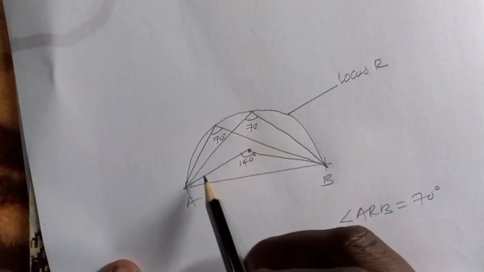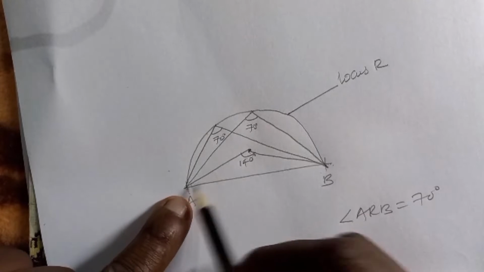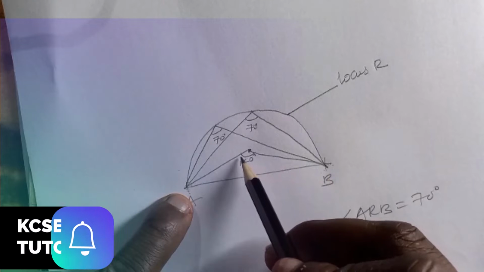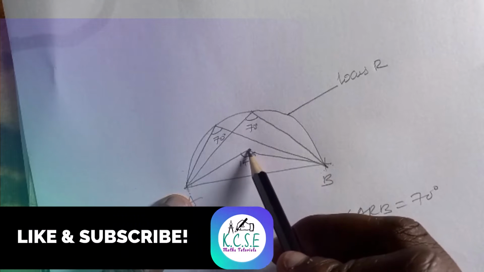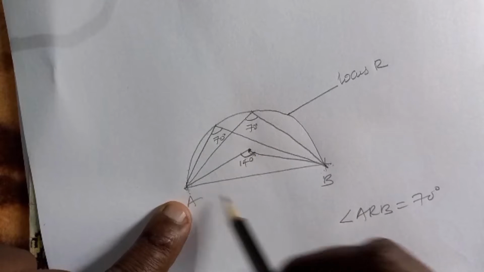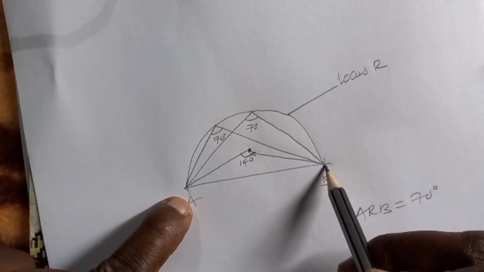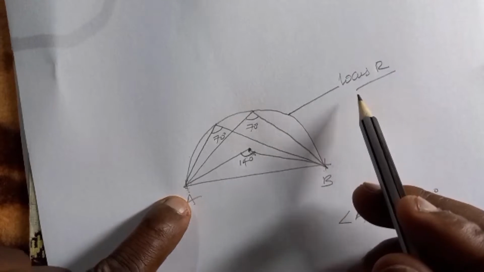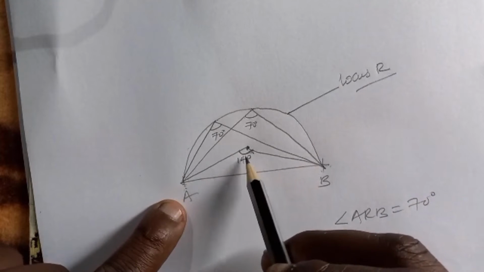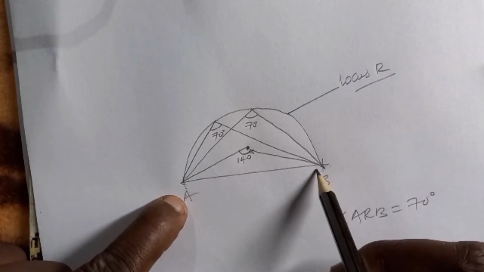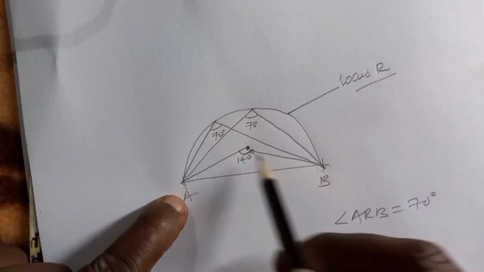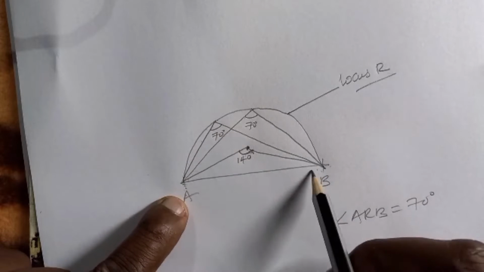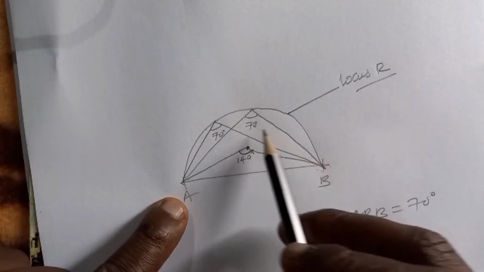So all these, any angle that you're going to make from A to the circumference to B, that angle is subtended at the center by this chord AB. That is a property that you use to get this locus. It is called the constant angle locus. The angle subtended at the center by chord AB will be twice the angle subtended at the circumference by the same chord. So this is the property.